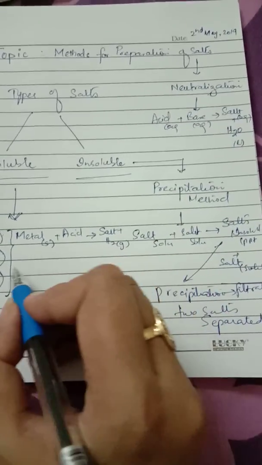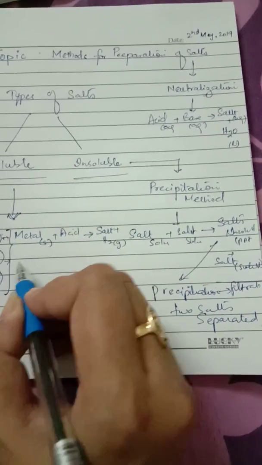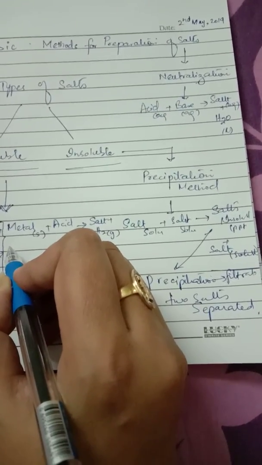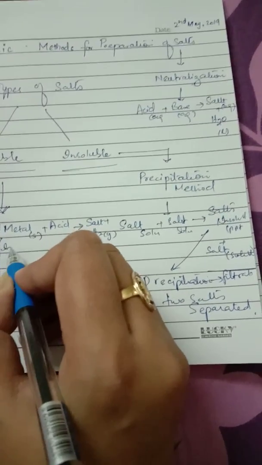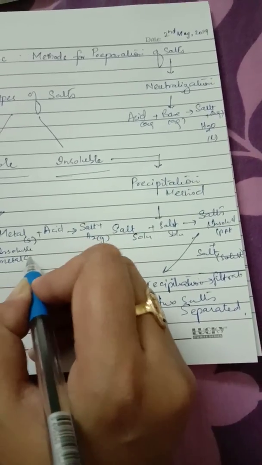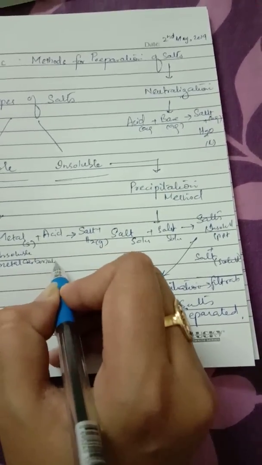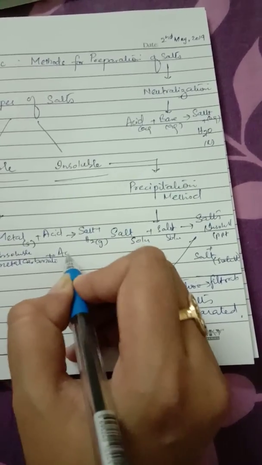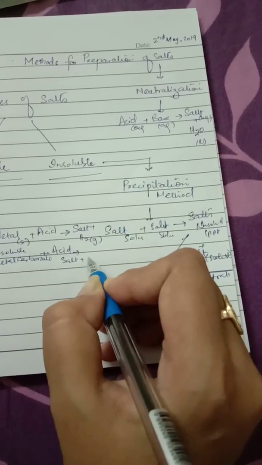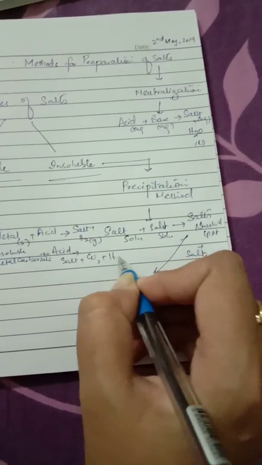This is the first method. Then we have solid, insoluble metal carbonates. These will also react with an acid, and again we get a salt plus carbon dioxide plus water.